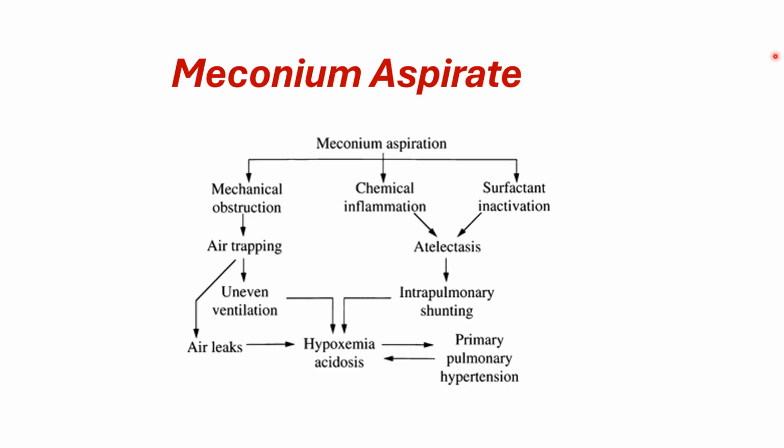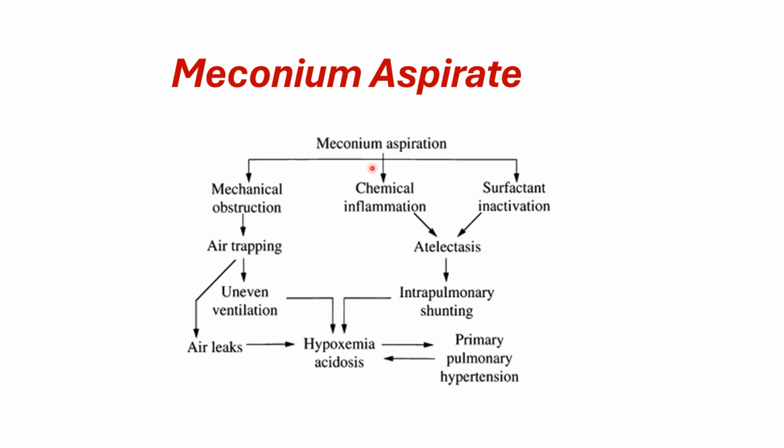And next, here basically we have the meconium aspirate that, as I mentioned, can cause mechanical obstruction, air trapping with uneven ventilation, air leak, which will lead to hypoxemia and acidosis, same as uneven ventilation will result in hypoxemia and acidosis.